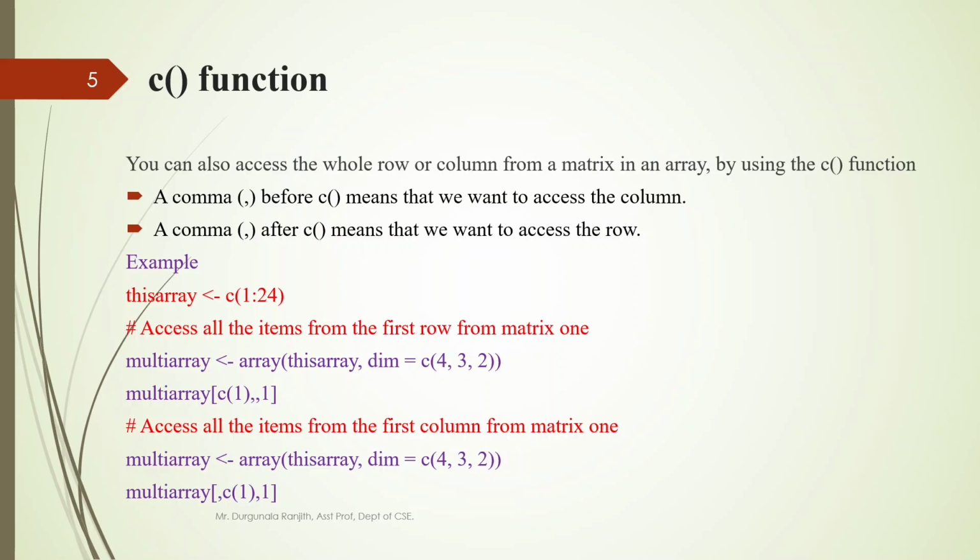Also you can access the whole row or the whole column, from different dimensions, by leaving an index empty. For example, suppose the array name is multi-array. When you write the row number and after that the comma, it represents a row. When you have a comma before the number, then it represents a column.